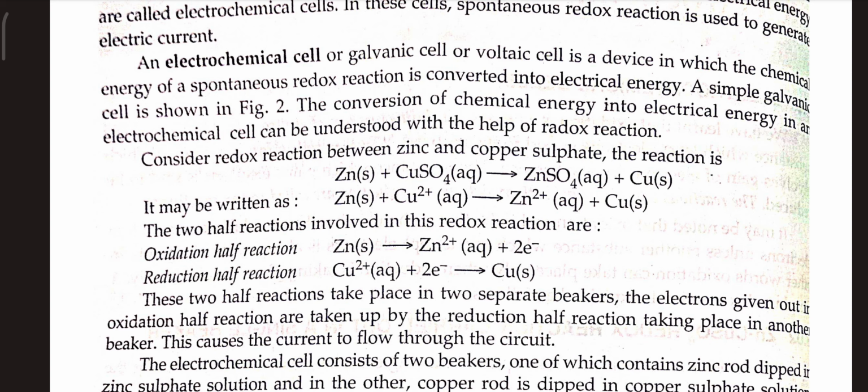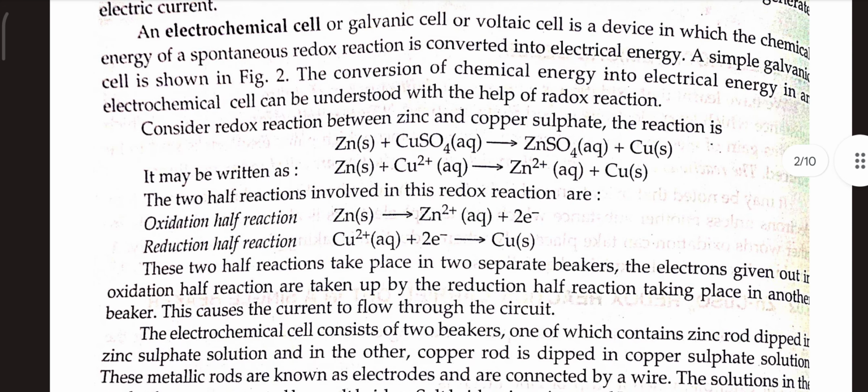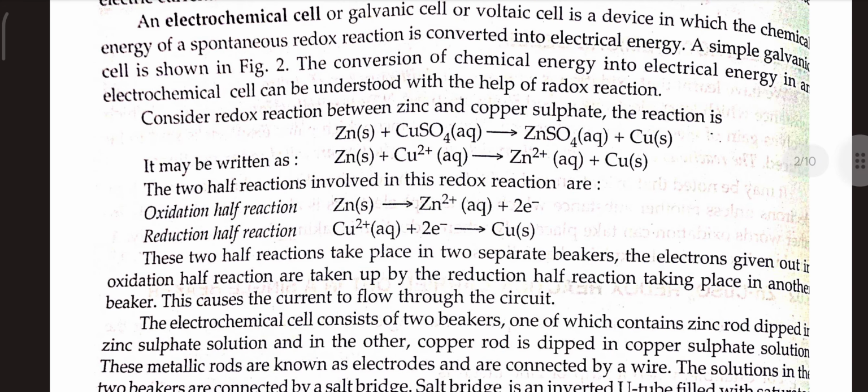The conversion of chemical energy into electrical energy in an electrochemical cell can be understood with the help of a redox reaction. Consider the redox reaction between zinc and copper sulfate. The reaction is Zn(s) + CuSO4(aq) gives ZnSO4(aq) + Cu(s). It may be written as Zn(s) + Cu2+ gives Zn2+ + Cu.